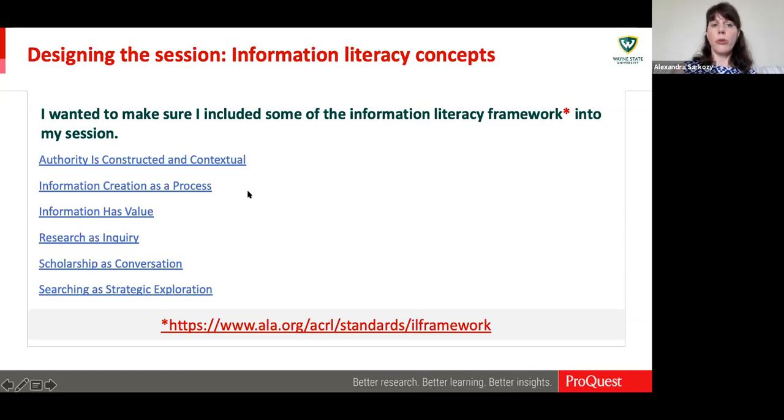And also information creation is a process. Text and data mining is a research method that creates new knowledge, and the creation of this knowledge and any information that we get from the TDM Studio is a process.